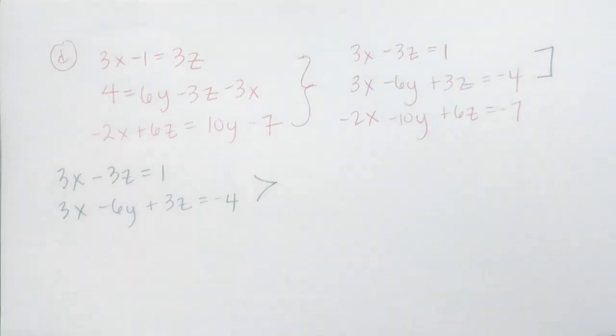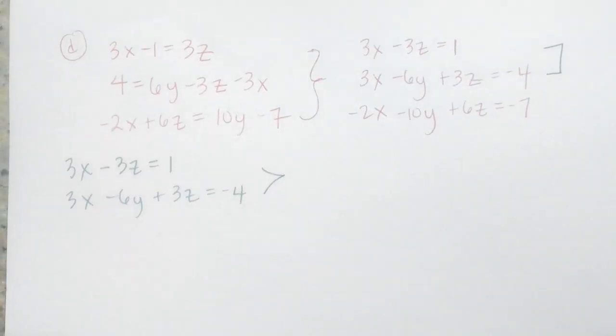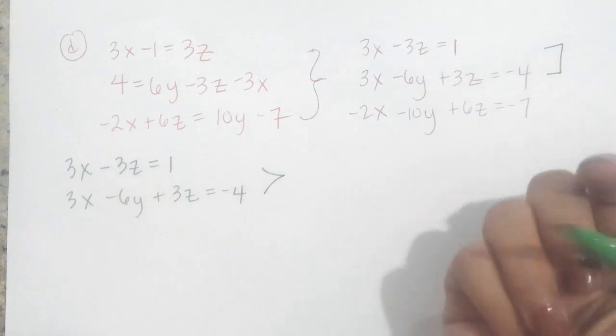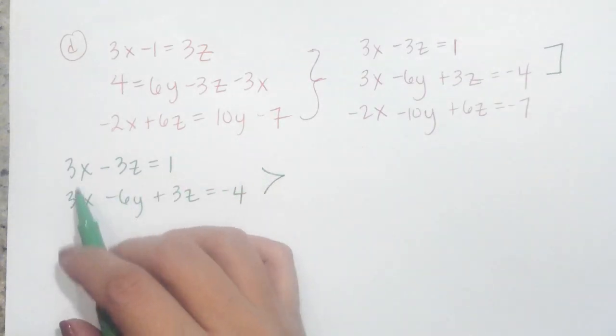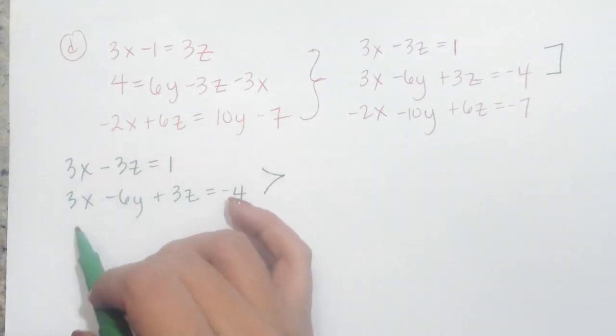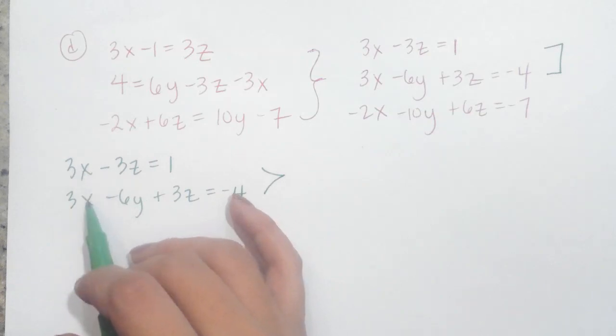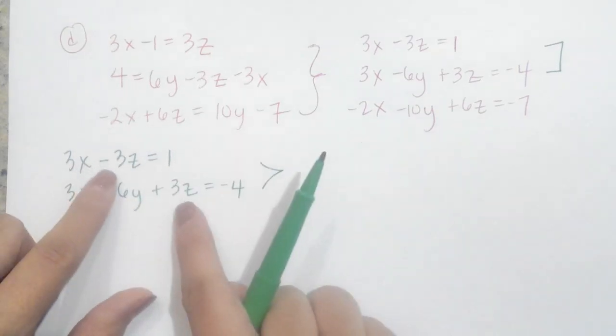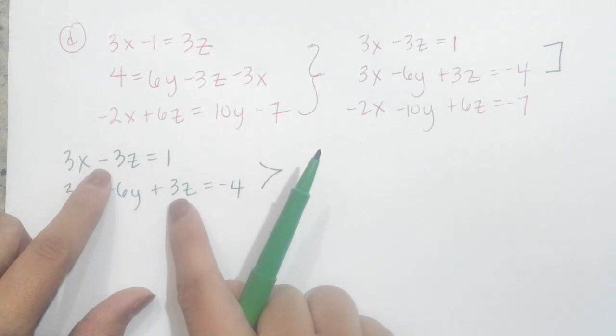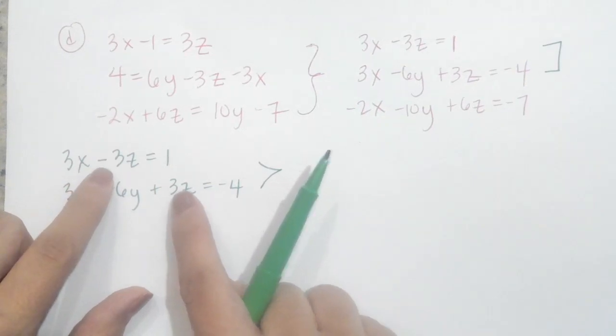Just by looking at these two equations, guys, the easiest thing for me to do right now is eliminate. You can eliminate whichever variable, but here, if I want to eliminate the x's, I need to multiply one of these guys by negative. But if you look at the z term, see how this one's already minus 3 and this one's plus 3? That's what I'm going to do.